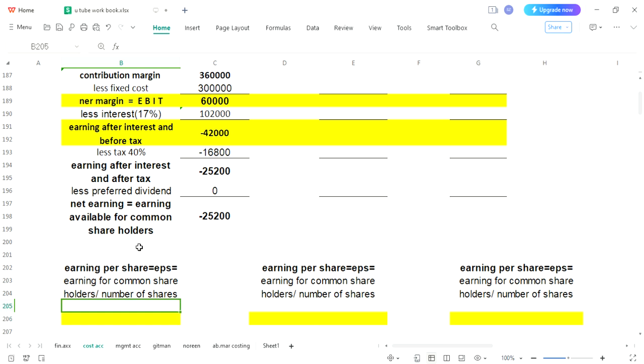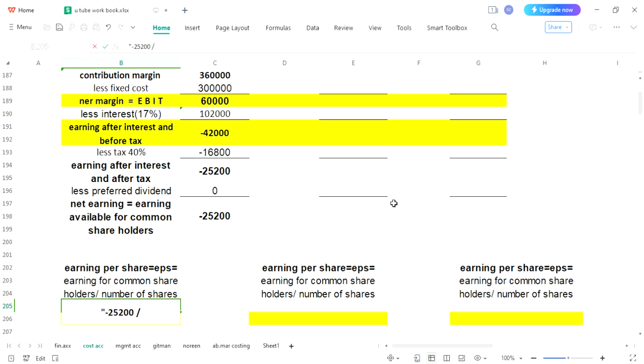We are open to calculate EPS by putting earning available for common shareholders, which right now is minus 25,200, and you need to divide it by the number of shares, and the number of shares would be calculated by taking equity first. Okay, this sign would disturb us because it is minus, so we need to change it.